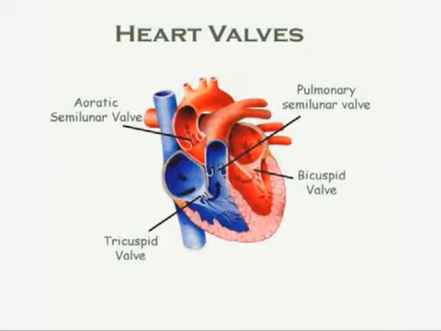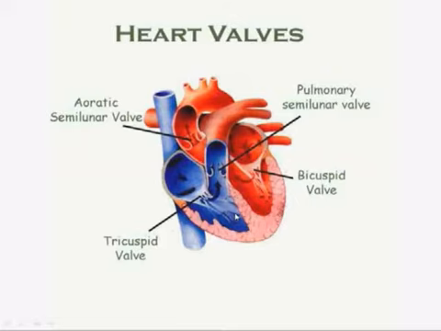We can see that on the right side, in between the right atrium and right ventricle, you have a valve which is called the tricuspid valve. Actually, these valves act as doors, so they can open and shut. The tricuspid valve is present between the right atrium and right ventricle.